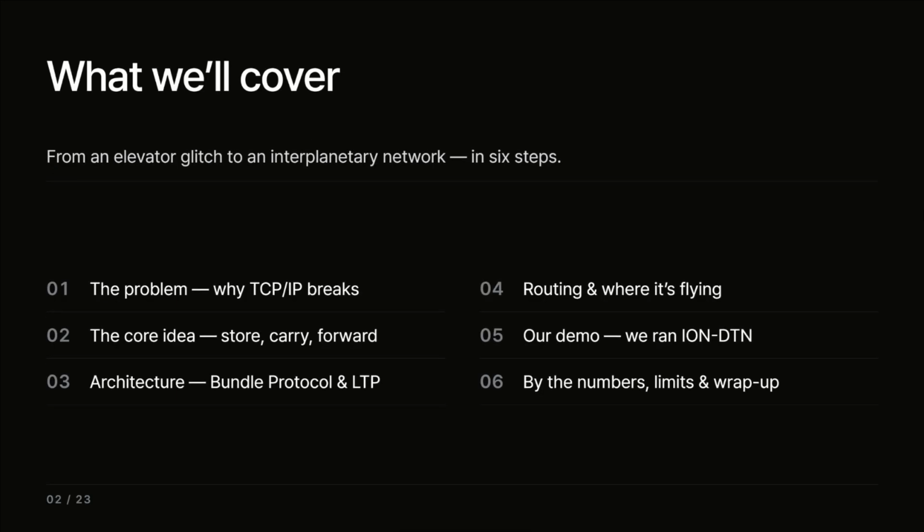Here's what we're going to cover today. We'll begin by understanding why traditional TCP/IP networking struggles under extreme delay and disruption. Then we'll introduce the core DTN idea, store, carry, and forward. From there, we'll look at the DTN architecture, including bundle protocol and LTP.